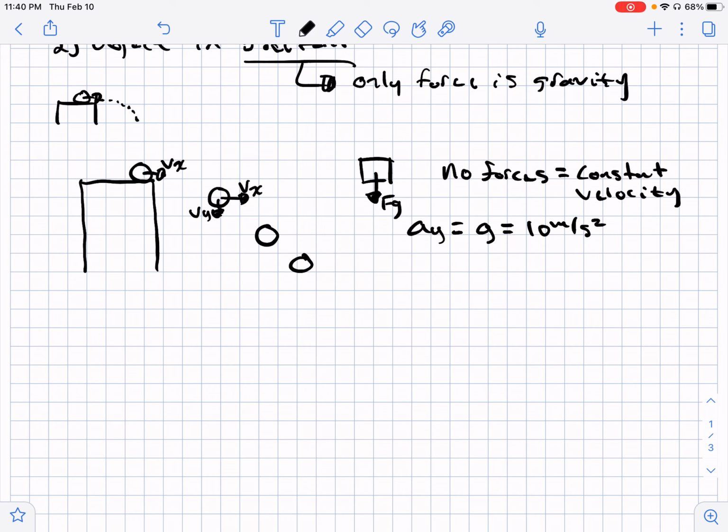So in essence, it's really just a free fall problem vertically, and then horizontally speaking, we're moving at a constant velocity. So if we kept drawing these velocity vectors, because it's moving at a constant velocity horizontally, then they would all be the same size. You'd have the Vx here, and then we'd have a Vx here, all the same size. But because we're accelerating vertically, that vector would get larger and larger vertically.